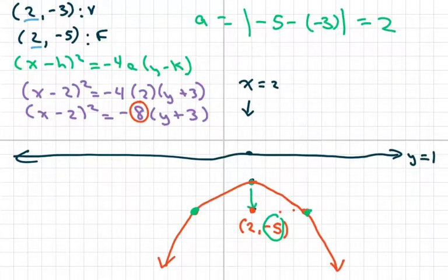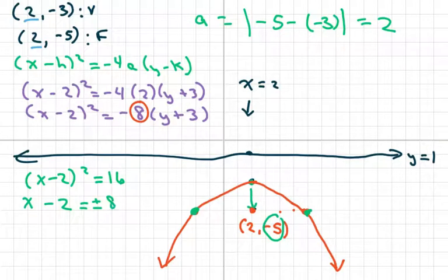Letting y equals negative 5, we get x minus 2 squared equals 16. If we square root both sides, we get x minus 2 equals plus or minus 8, so x equals plus or minus 8 plus 2.